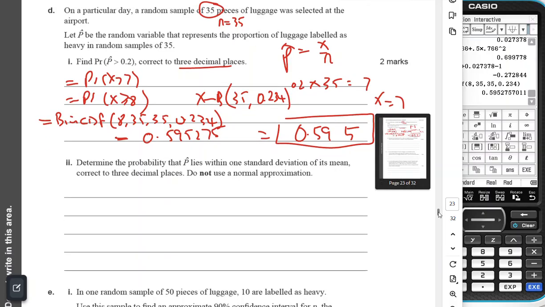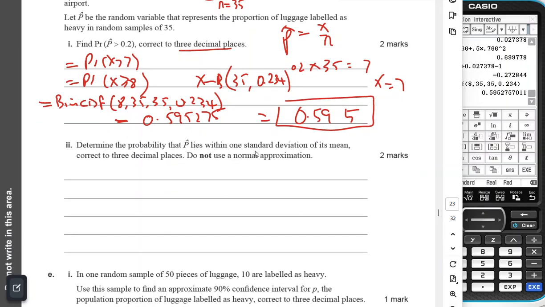Part 2. Determine the probability that P hat lies within 1 standard deviation of its mean. Okay, so the expected value of P hat is P, which is 0.234. We're at 0.234 minus 1 standard deviation, 0.234 plus 1 standard deviation.